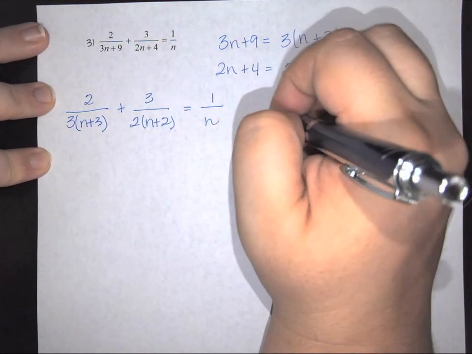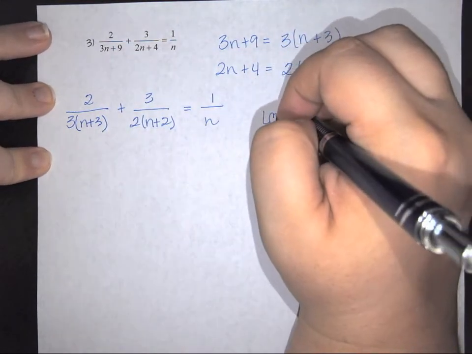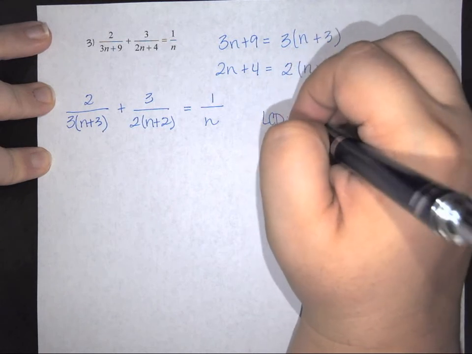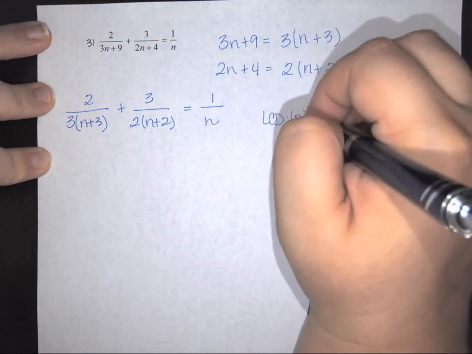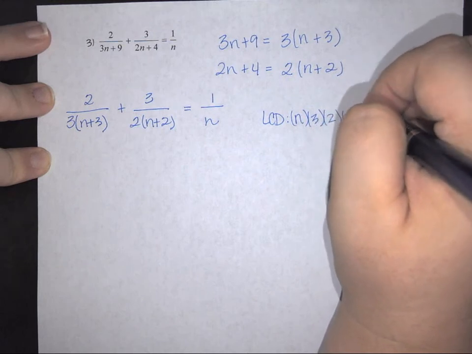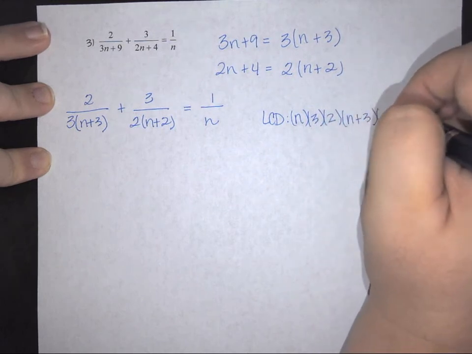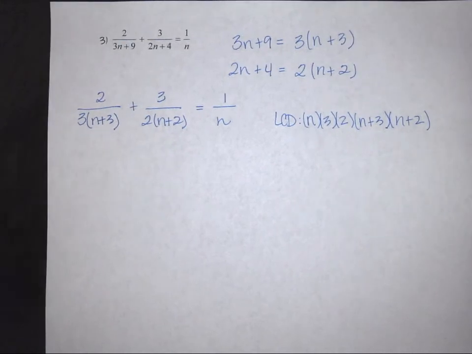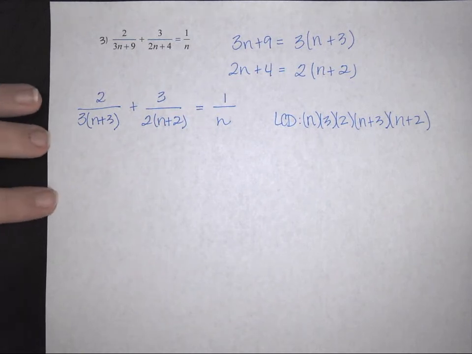My least common denominator here is going to be n times 3 times 2 times n plus 3 times n plus 2. So what you should be able to see is that your least common denominators can be as small or as large as needed in order to get the job done.